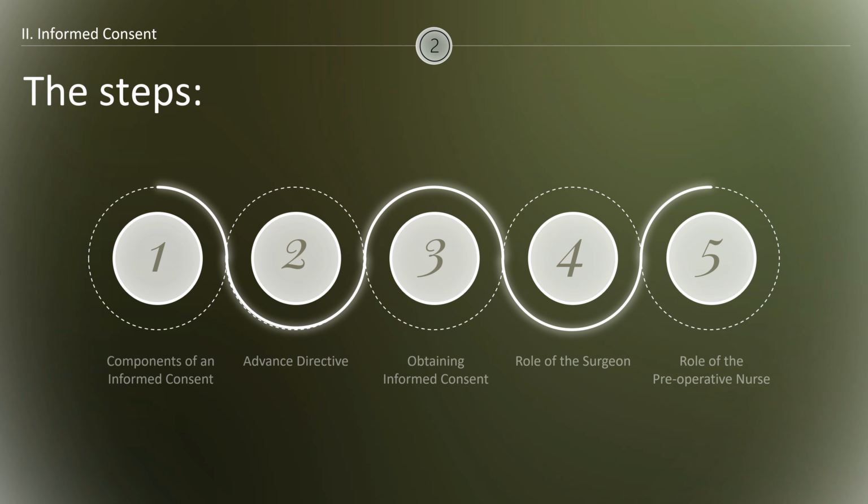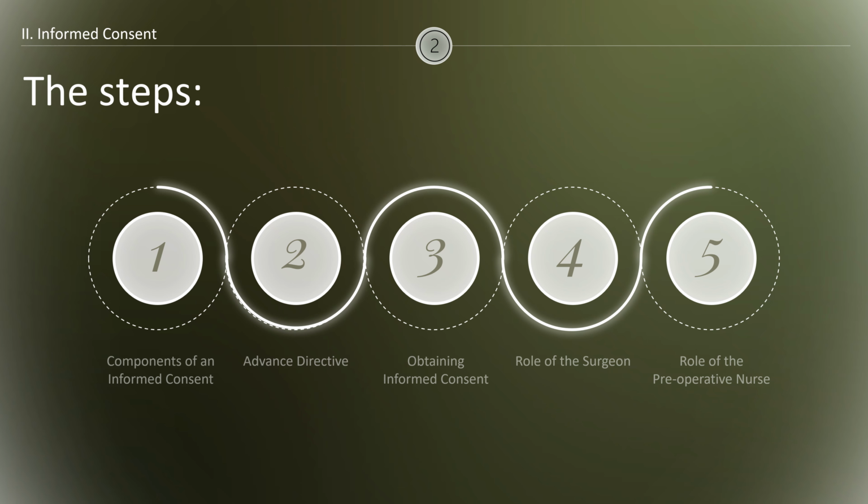Here, NCLEX likes to give a lot of questions. Advocate for patient comfort and autonomy means that the patient has to agree with it, and is fully aware of what the surgery is and all the steps.